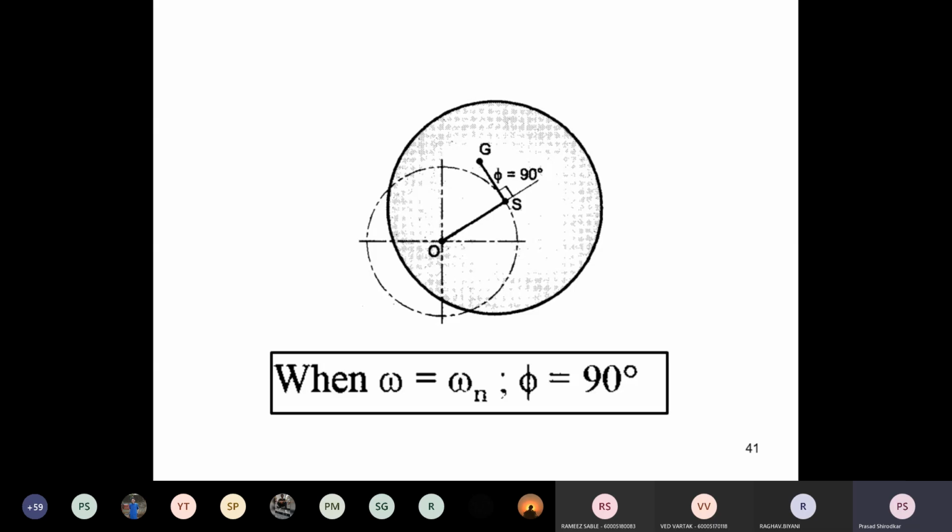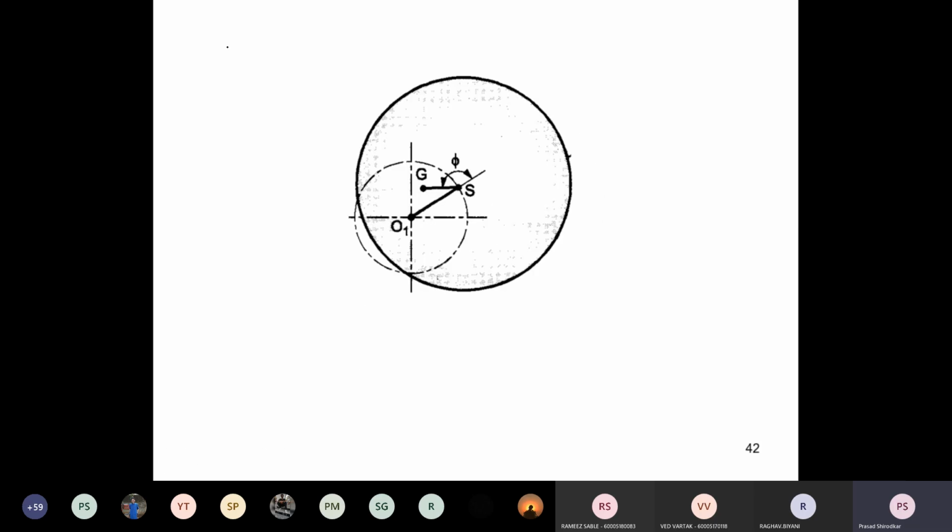Alright, it's all balanced. Now we'll increase the forcing frequency. It is going to be greater than the natural frequency. So in this case, the phase angle is now between 90 and 180 degrees.